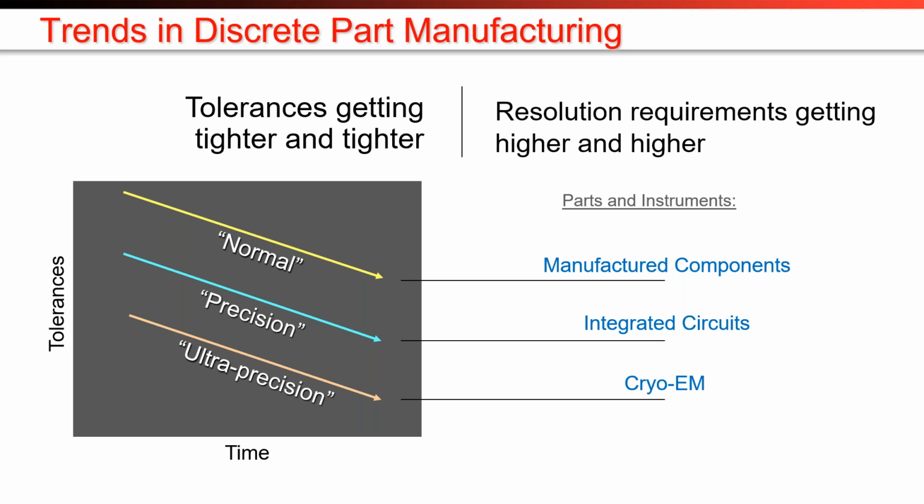NMR spectrometers are used basically to look at, if you have a torn ligament in your knee, you take an MRI and they use NMR to image your ligament. But it's also used in high resolution applications where you might have a very, very small amount of biological material, and it's looked at in a very high resolution way to create things like a 3D model of a molecule for drug discovery or pharmaceutical research.